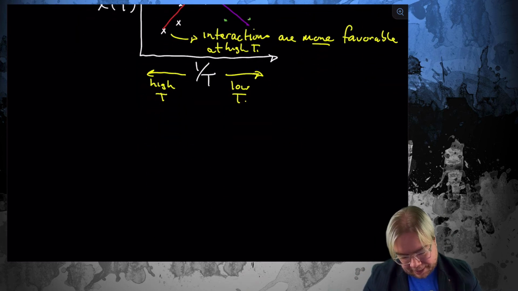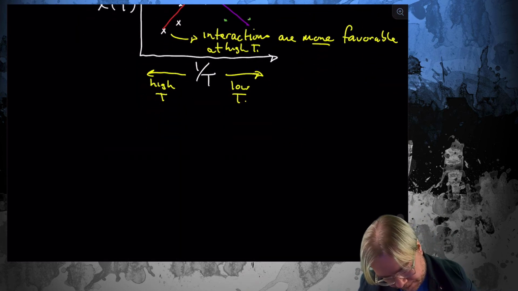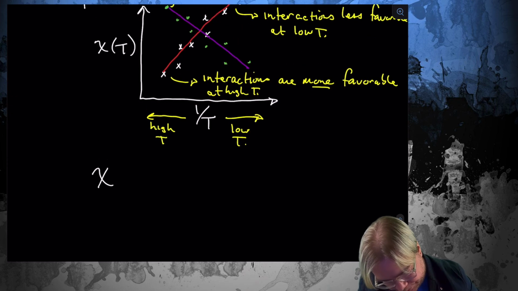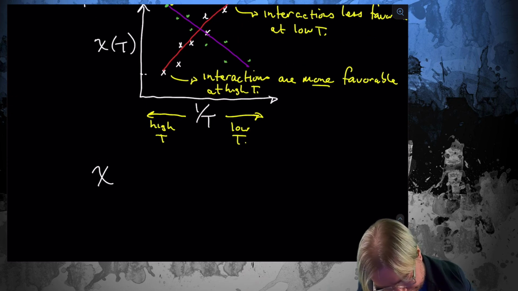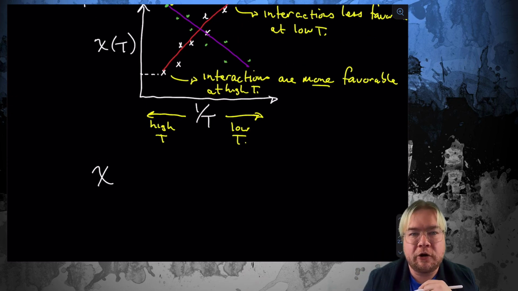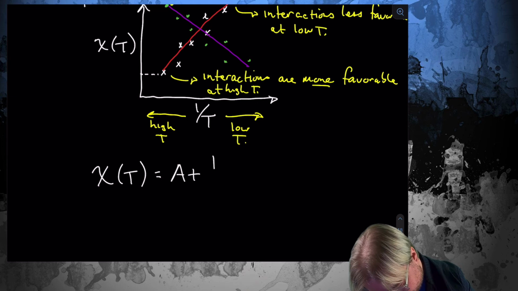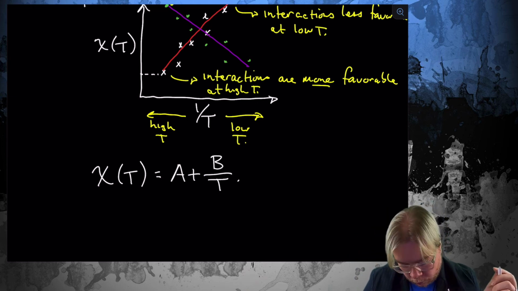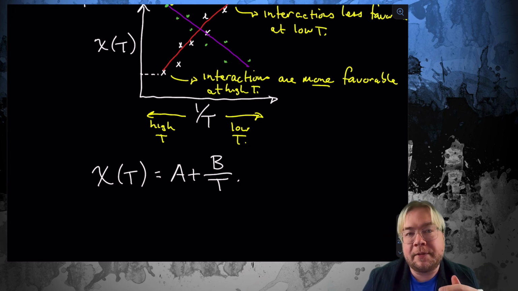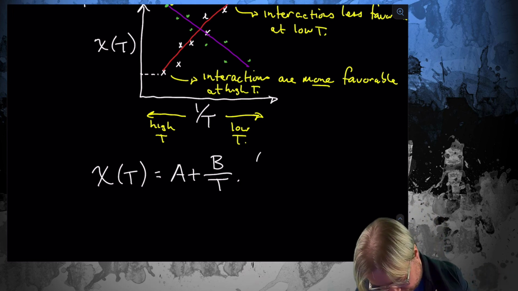So we can summarize these types of behaviors by writing that the chi parameter, because you can see that there could be a y-intercept in this linear plot. So the chi parameter as a function of T, we can write usually as A plus B over T, and sometimes we might have to include more terms.